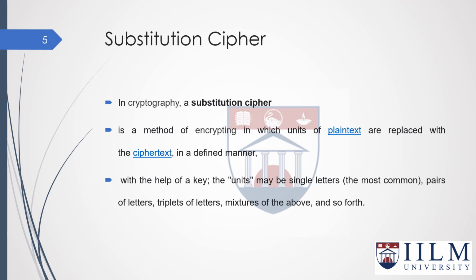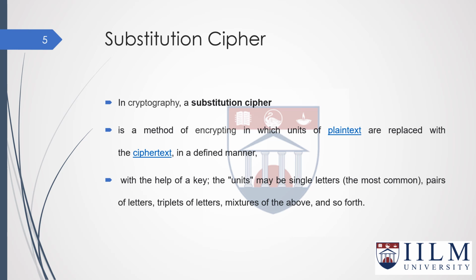But if we replace two alphabets at a time, that is not monoalphabetic. That is a pair of letters, that is triplets of letters, mixtures of above. That may be. So moving to the actual discussions of today's class.